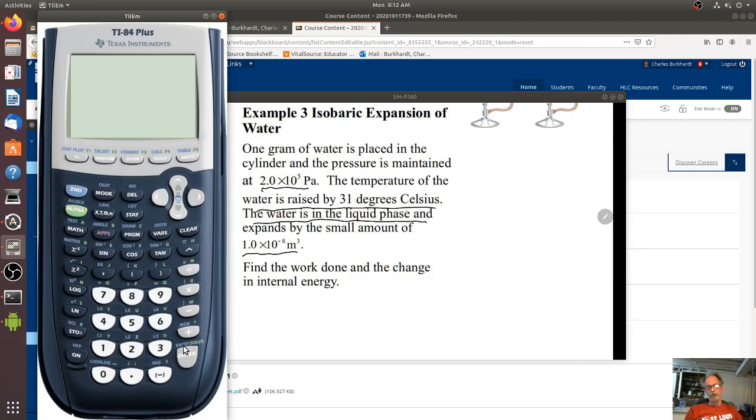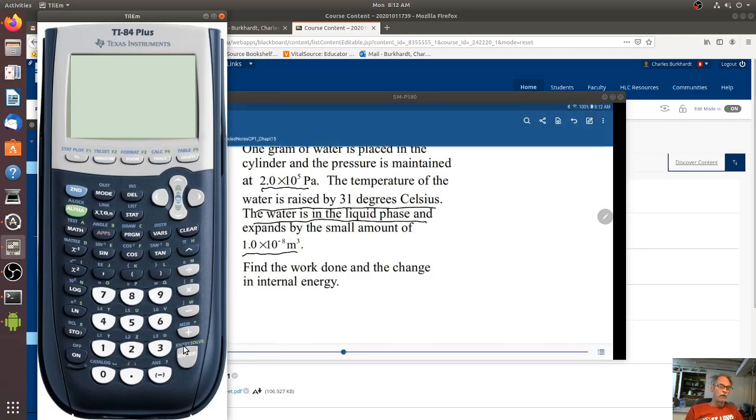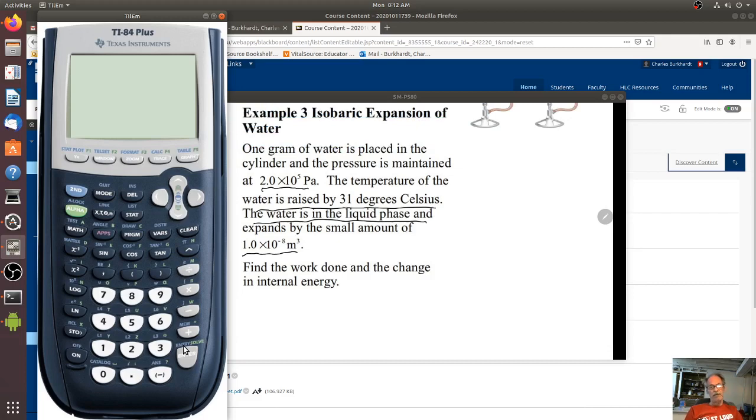That's why we use gases, most commonly steam, by the way, still. More work is done by steam, the water vapor, than any other working vapor in the world, by far, and that will never change because we know a lot about steam. Anyway, find the work done and the change in internal energy.